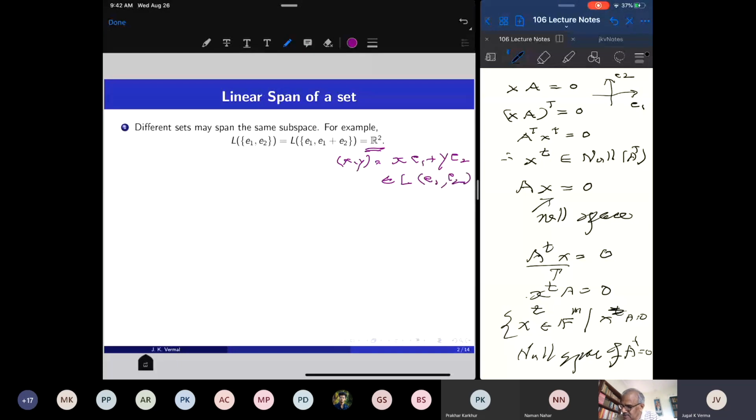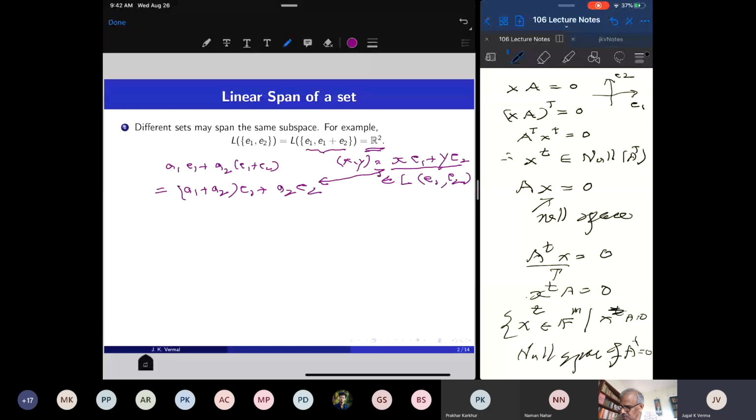So this belongs to the linear span of E1 and E2. But you can check very easily that the linear span of E1 and E1 plus E2 is also R2. If I take any linear combination A1 E1 plus A2 (E1 plus E2), I can write it as a linear combination of E1 and E2, and vice versa.